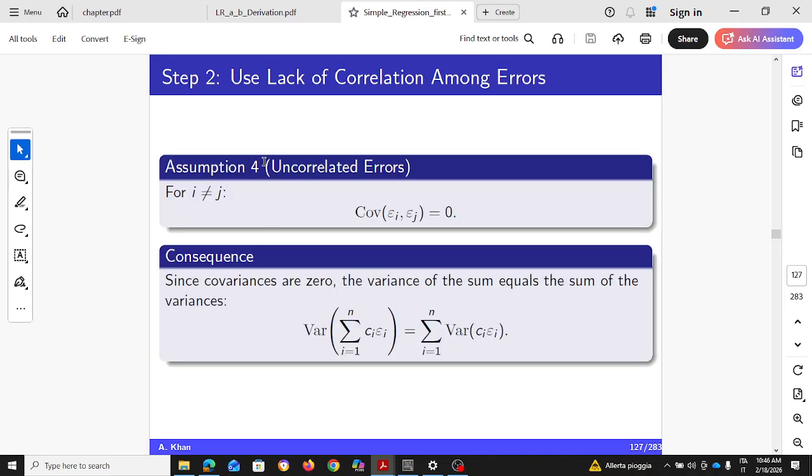Okay, and also now we know from yesterday that the covariance between two disturbance terms is 0. There is no correlation between them. Okay, so it turns out that since the covariance is 0, the variance of the sum is equal to the sum of the variances, okay, if there is no correlation, then we hold this property.